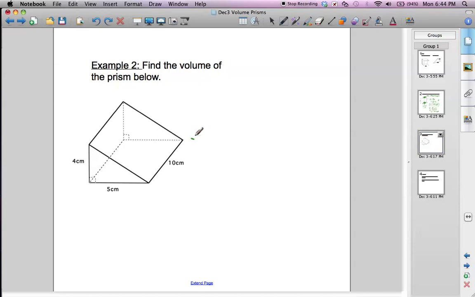This is an example of a triangular prism. We have a triangular base, or a pair of triangular bases. Again, for any prism, volume equals area of base times height. That capital B is the area of base, so let's find that first.